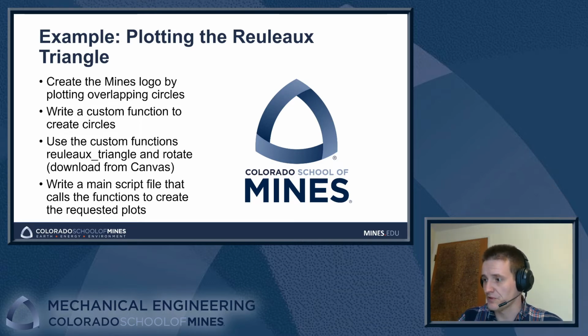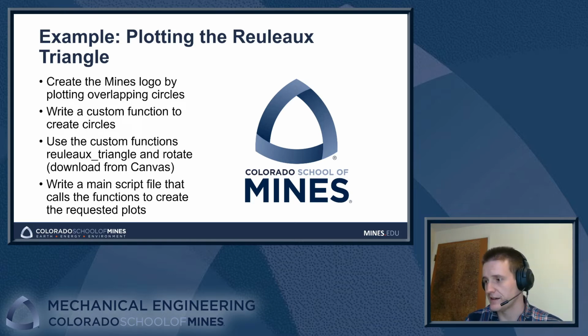Chances are somebody's written code to do that, and you can download and use their functions. We're going to be downloading a couple of codes to create the Reuleaux triangle, which you might know as the Mines logo. So that geometric shape, we're going to try generating that in MATLAB and then plotting it, making it look really nice with some of the more advanced plotting functions. Okay, so we'll be downloading a couple of codes that help us make that.